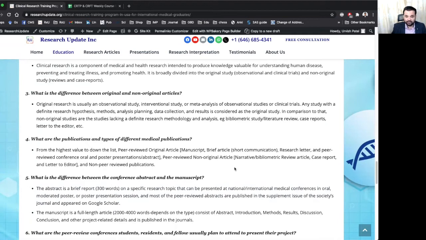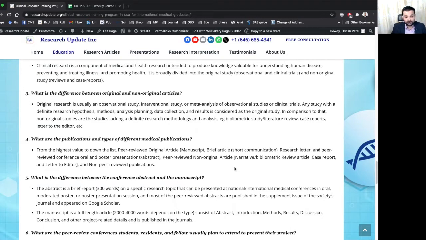So these are the different types of publication. Now, when we are talking about abstract versus manuscript, the abstract is usually a brief report of your original study, which you are going to present at national or international medical conferences in the form of oral, moderated poster, e-poster, or poster presentation.